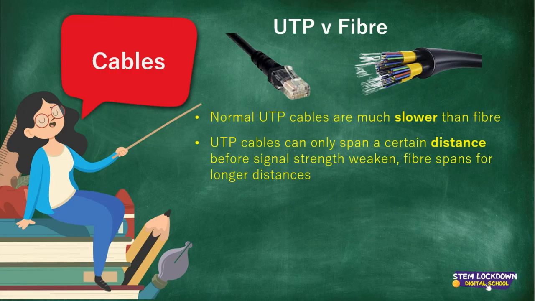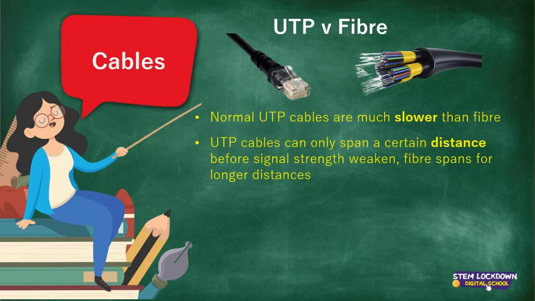UTP cables can only span a certain distance before signal strength weakens. Fiber spans longer distances, right? So if you have a situation whereby you need to connect computers in an office or in a school, in a computer lab, or just the whole school, UTP cables should do the work.